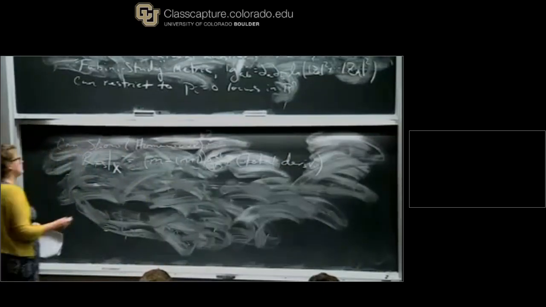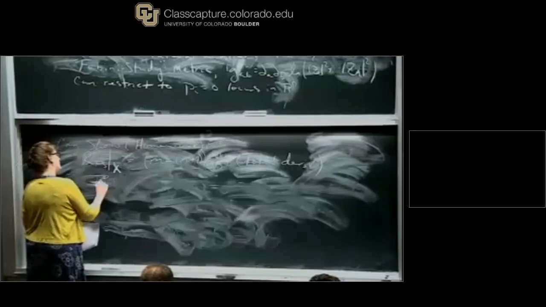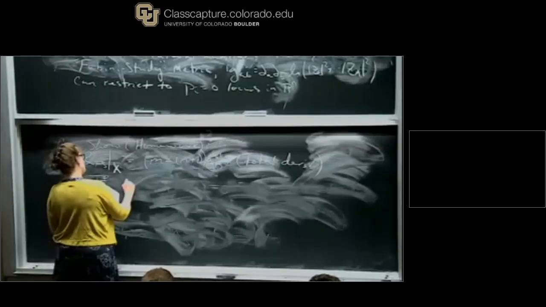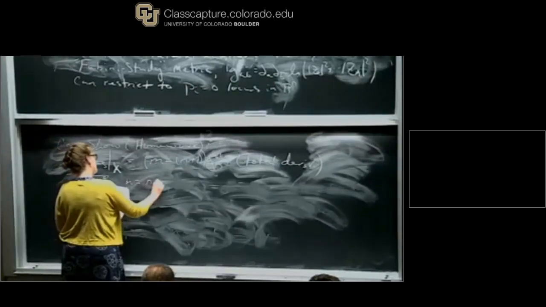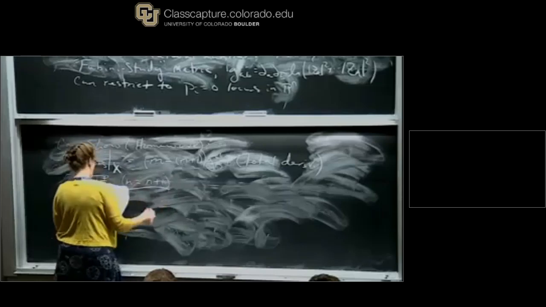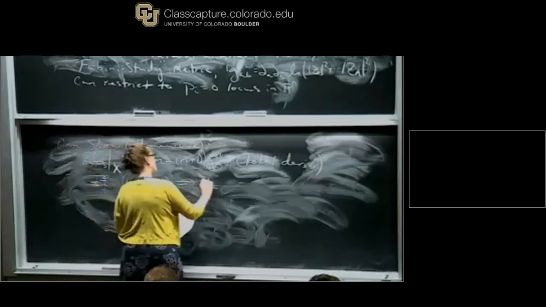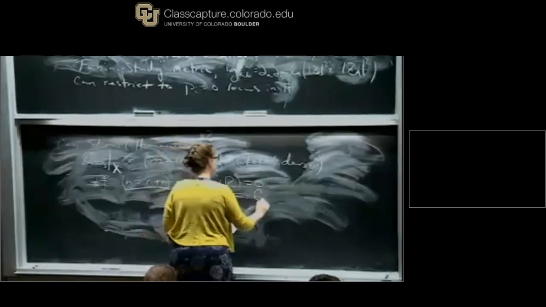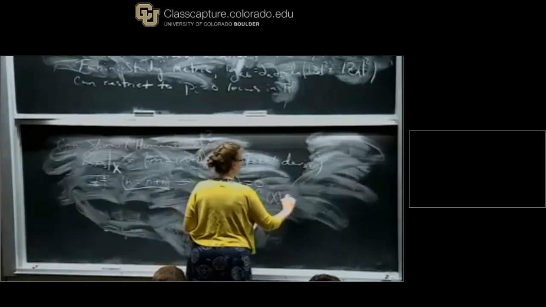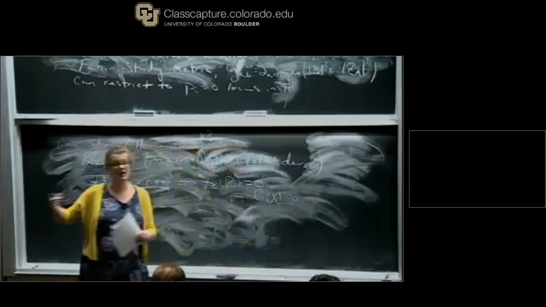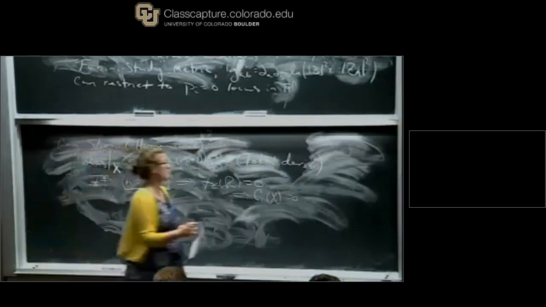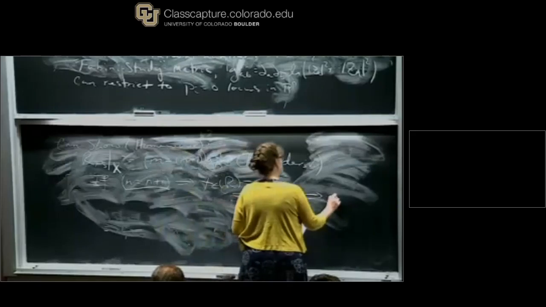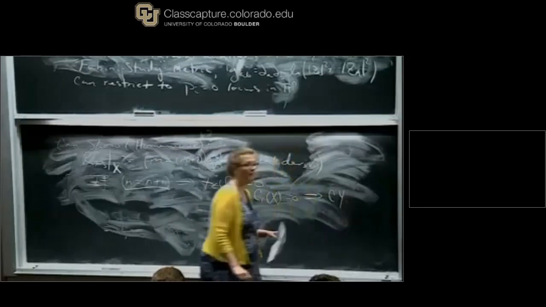So you can see if it so happens that m is equal to n plus 1, then you can show that trace R is 0, which implies that c1 of X is 0, which, if it's Kähler and has vanishing first Chern class, that was one of our definitions of Calabi-Yau, that implies it's Calabi-Yau.